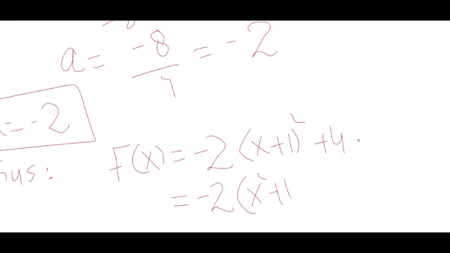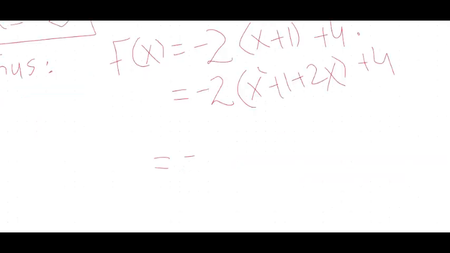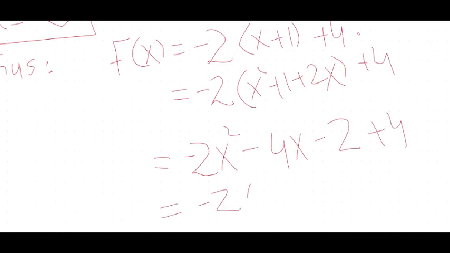Okay, so I'm just going to simplify this equation. So we have minus 2x squared minus 4x minus 2 plus 4. So we get minus 2x squared minus 4x plus 2.